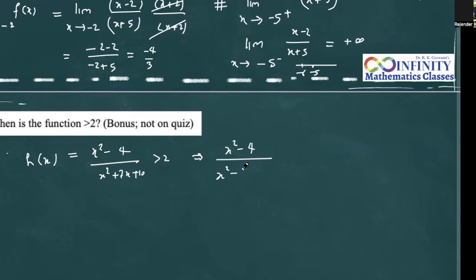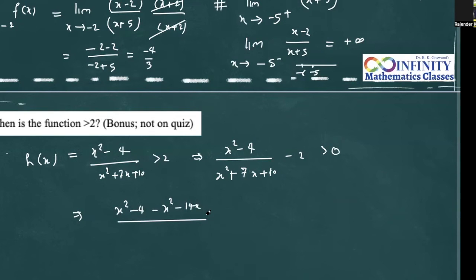And ultimately, I will be using the factorization technique like I used earlier, using the test, and after that, test values. So x square minus 4, if you take the LCM, it is negative x square, negative 14x and negative 20, divided by x square positive 7x positive 10.